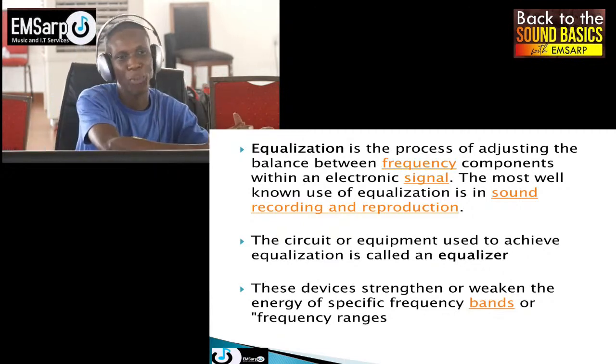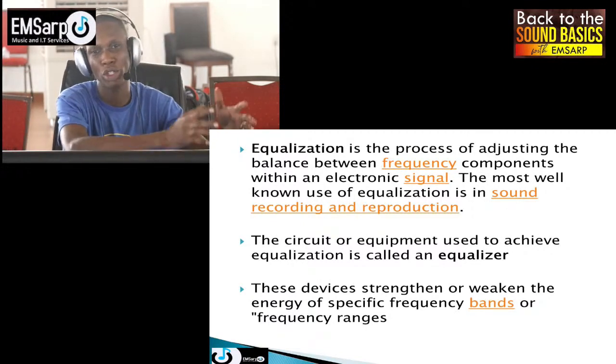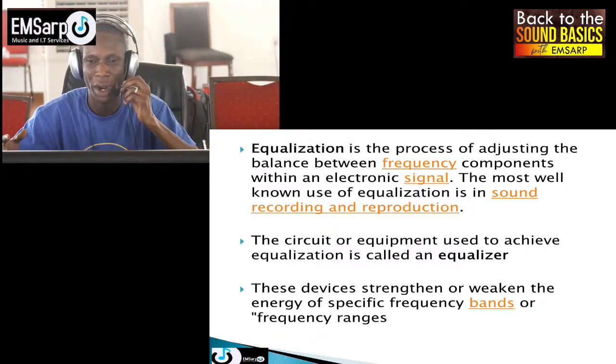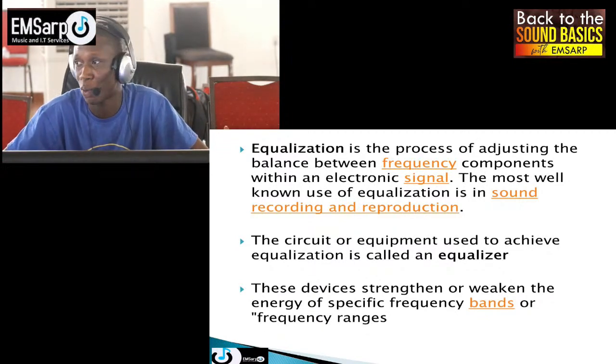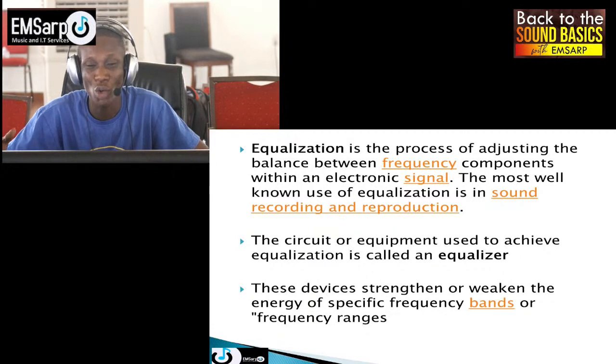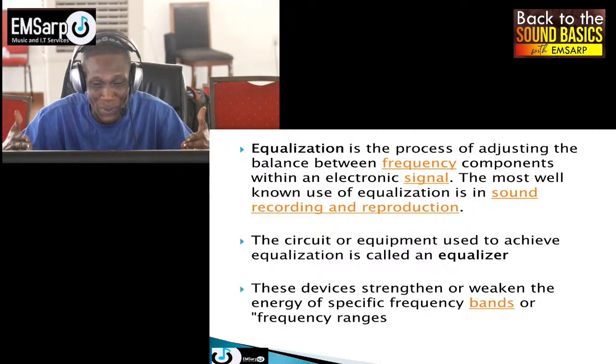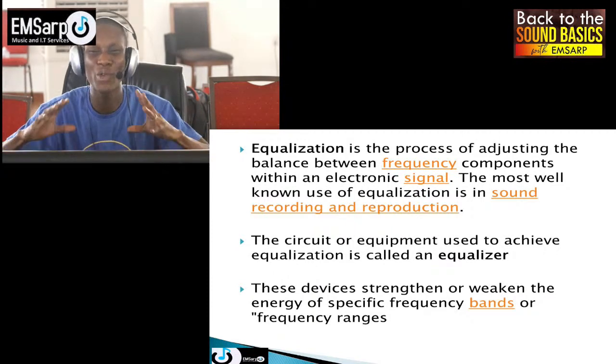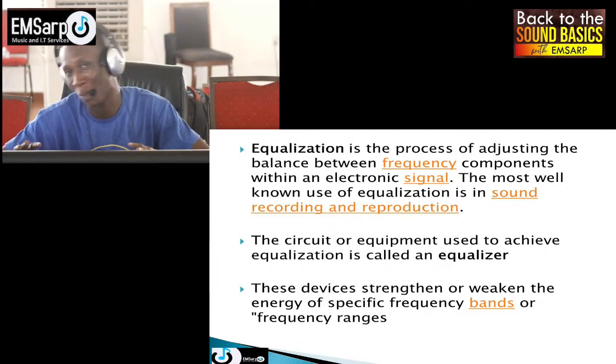When you are setting up a sound in an auditorium, in a studio, wherever, it's very key and very important that you equalize the room, you equalize your board, you equalize your particular instrument so that they can really come out in a balanced form.